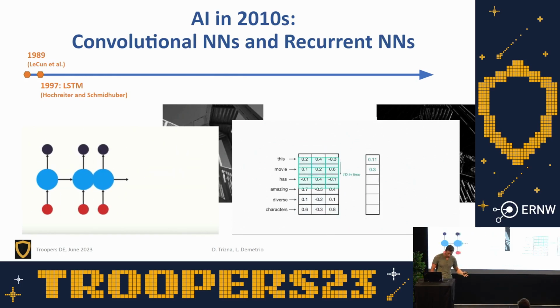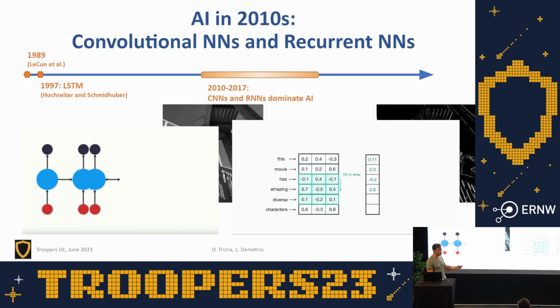They have some problems of their own because you cannot parallelize the processing. But these methods dominated the field in the second decade of the 21st century. Before that, we really were in the domain of classical algorithms. Then deep learning came in with neural networks.